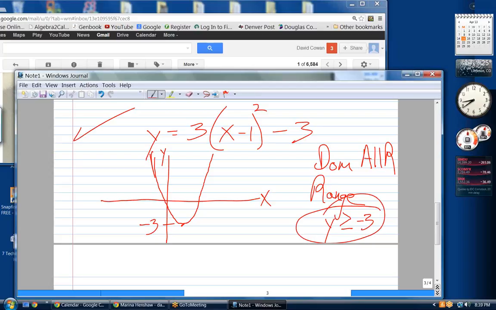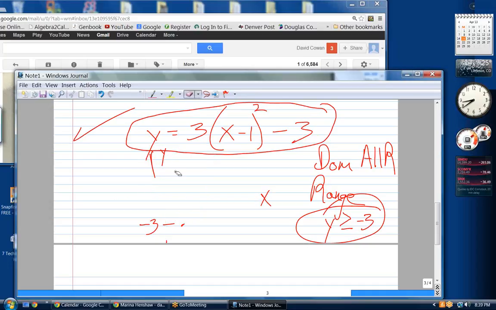Now, it's easy enough to see that from the graph, but we can also see it from this equation, because I know that this part of the equation can at best be 0. There's no way this part can ever be negative, right?